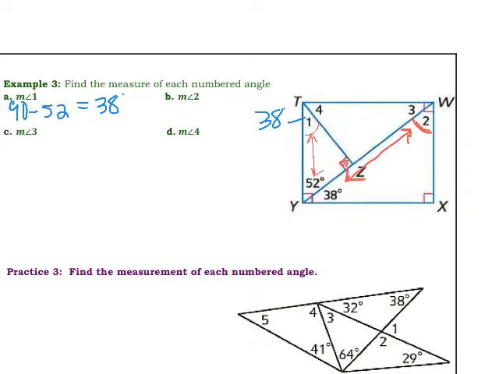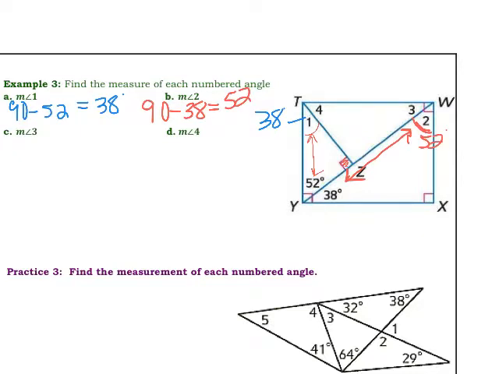Subtract 90 and which one, Laurel? 38. Good. 90 minus 38 is, what do we get? 52. So angle 2 is automatically 52 degrees.